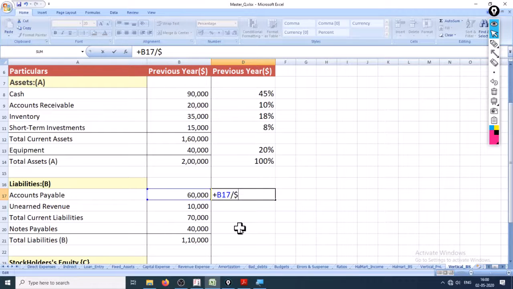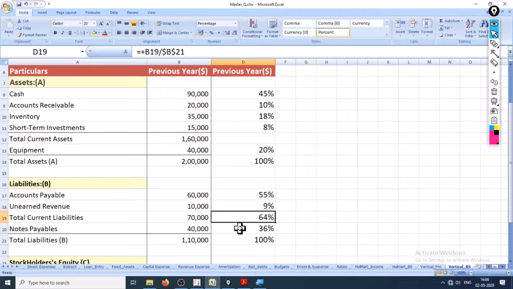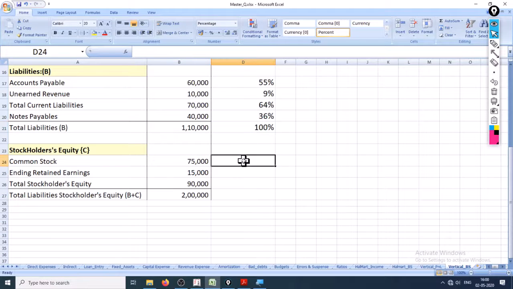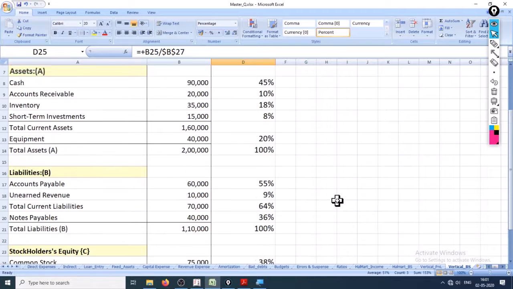B21, B $21. Okay, we are done. And this divide by this, you can hit F4. See, easy. Copy it. Okay, done.